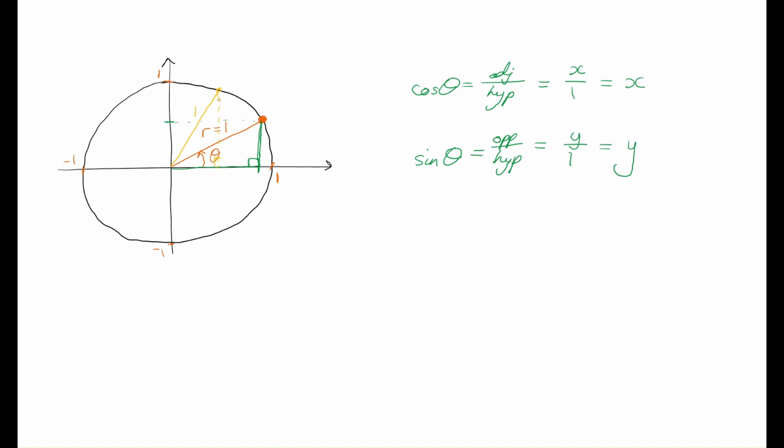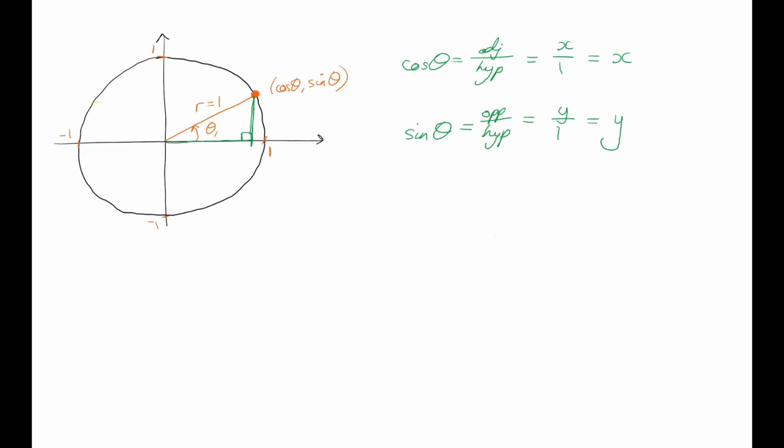I could draw a little right-angled triangle, and it would still be the case that my x, y coordinates will be cos theta, sine theta. Exactly the same as here, where cos theta, sine theta are my x and y coordinates. Obviously, the angle theta has changed, but it allows me to describe the x and y coordinates of the point on the unit circle in relation to the angle.